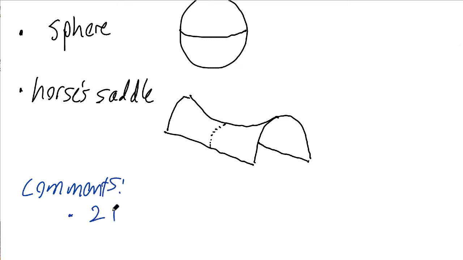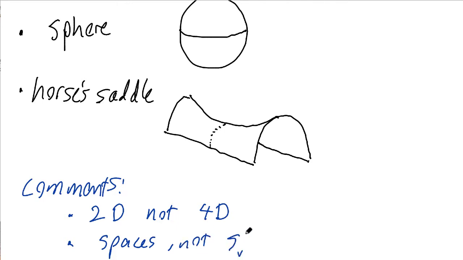So these are 2D, not 4D, as our space-time is. Second comment is that notice these are really spaces and not space-times. And we'll see later on the distinction between a space and a space-time.